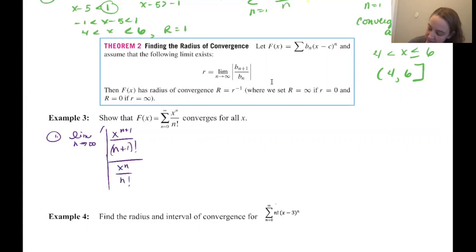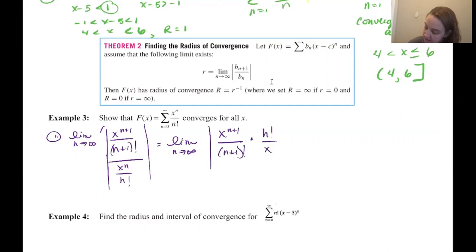There we go. And instead of dividing by the fraction, we multiply by the reciprocal: x to the n plus 1 over n plus 1 factorial times n factorial over x to the n. And then we need to simplify this.